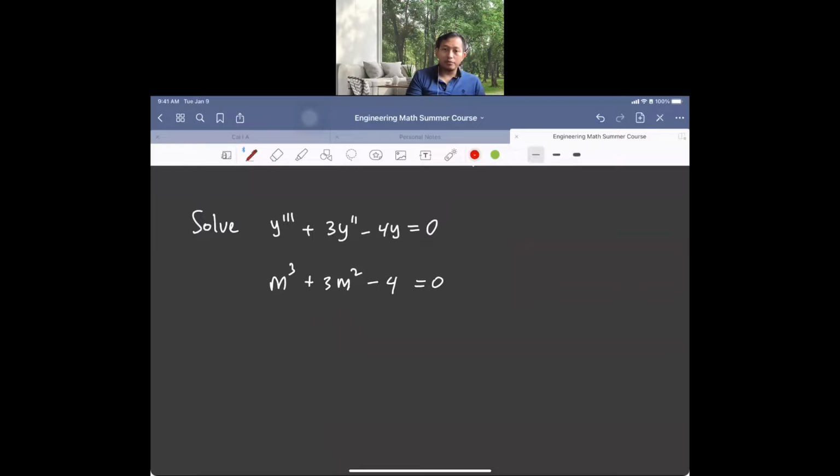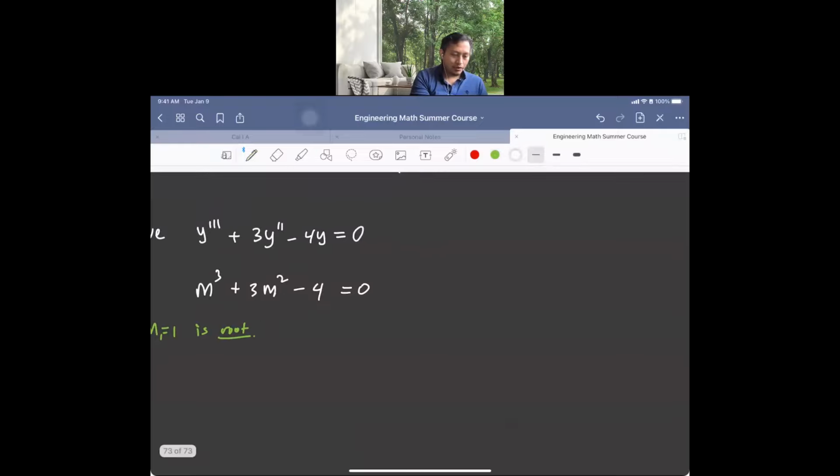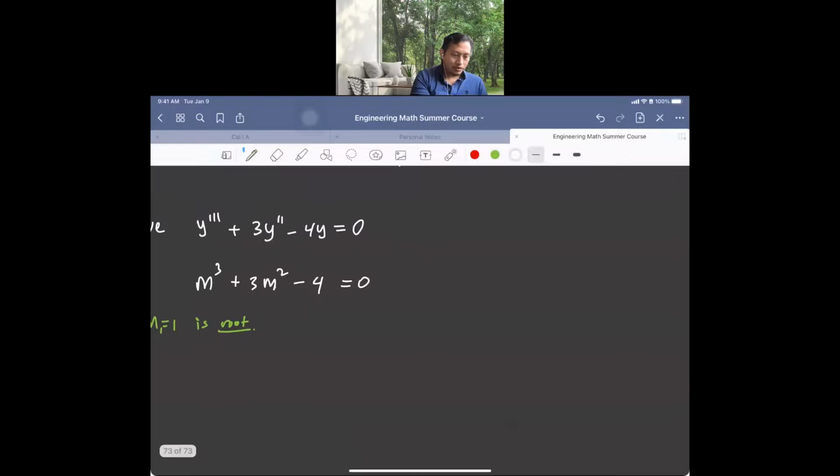One root. My suggestion to solve a polynomial like this is to use polynomial division. When we know that one of the roots is 1, m1 equals 1, then we can factor out, or use the division formula for polynomials.